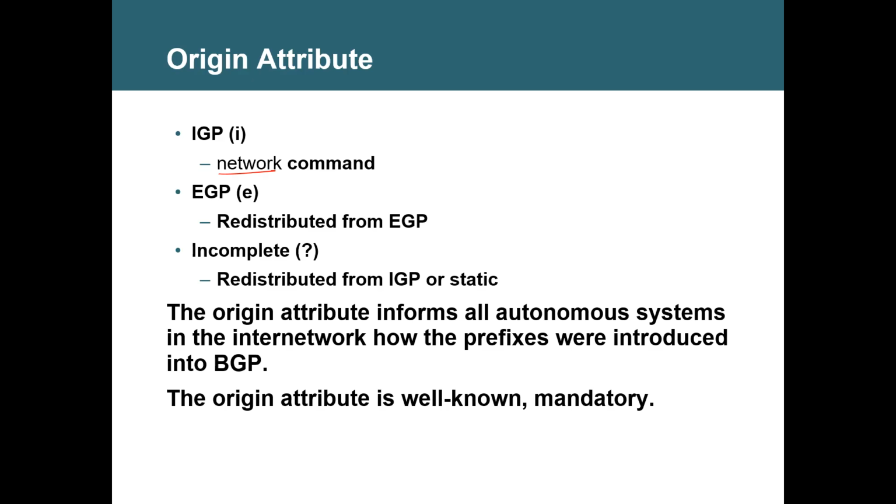That's one way of introducing a network into a routing protocol. In BGP, if you use a network command and advertise, then it will carry I in the origin attribute. I means internal to the BGP protocol. It's an internal network. It's BGP's internal.